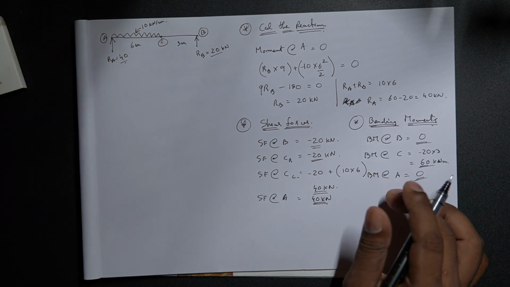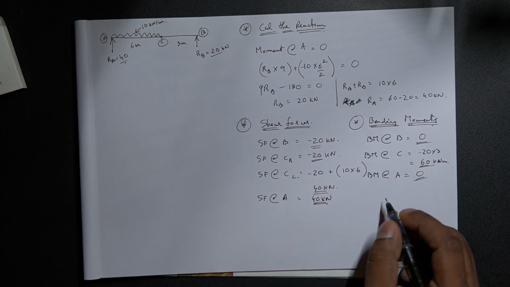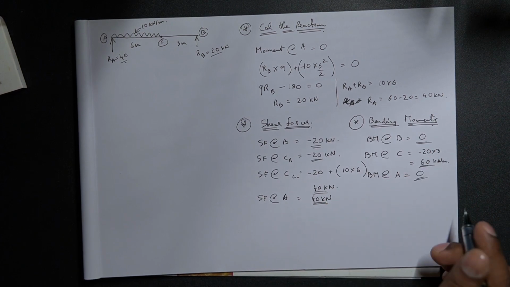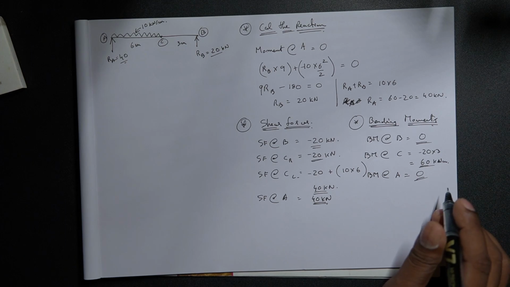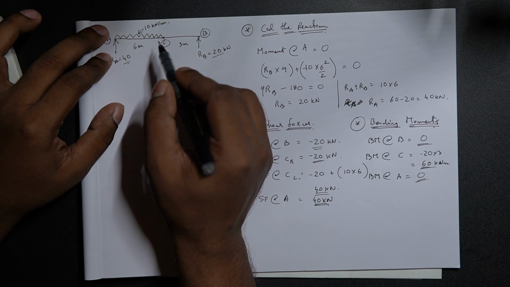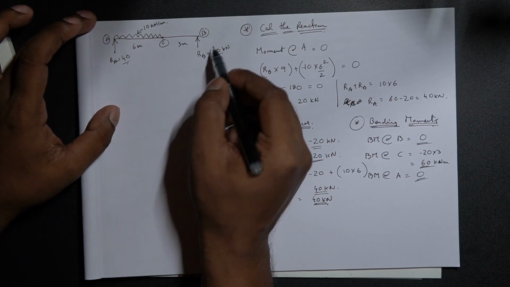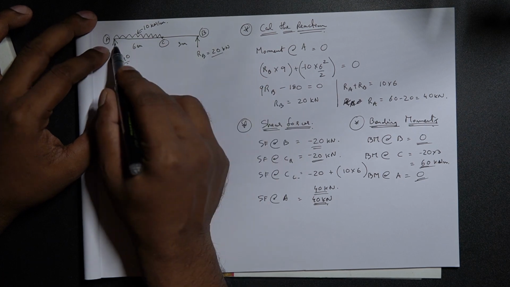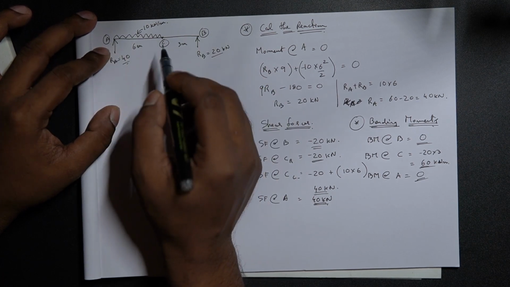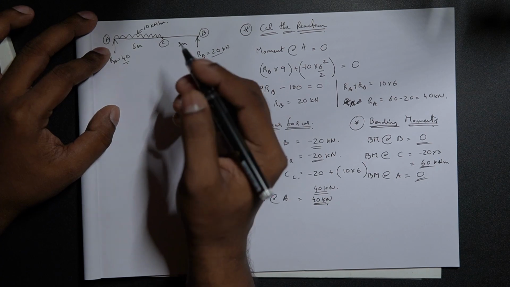Next, now that we have the bending moments and shear forces, there is one important aspect that we need to discuss here. In this particular beam, there is a point where the beam will experience a maximum bending moment. We know that the bending moment at A and B is equal to 0, but somewhere between A and C, there is a point that will experience the maximum bending moment.